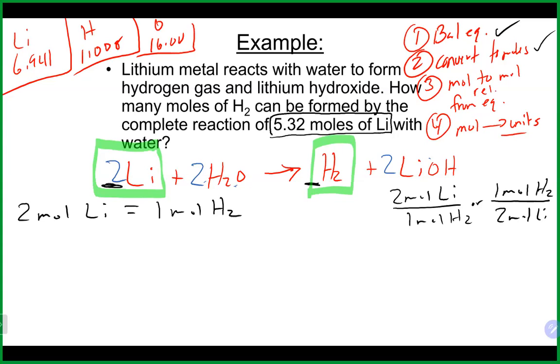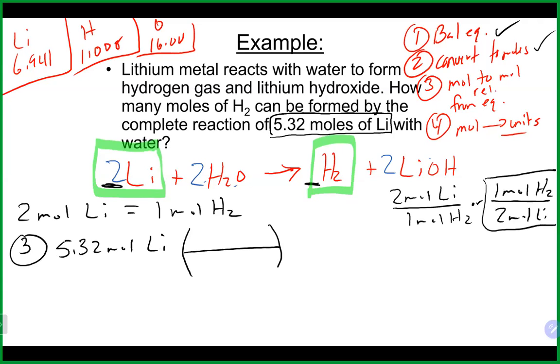All right, so I do need to do step number 3 here, which is to use that relationship to move us from lithium to H2, which is what I'm looking for. So step number 3 is going to be the 5.32 moles of lithium that was given to me. Using that relationship, we want to get rid of lithium, so we use the one on the right: 2 moles of lithium is 1 mole of H2.